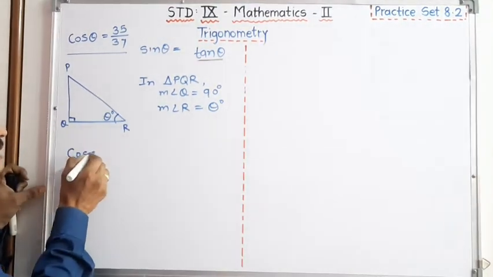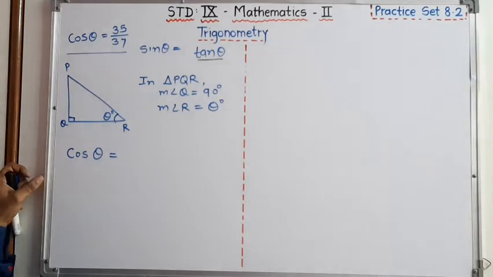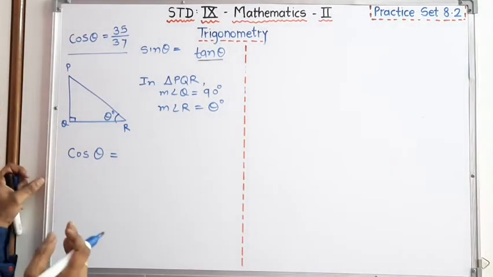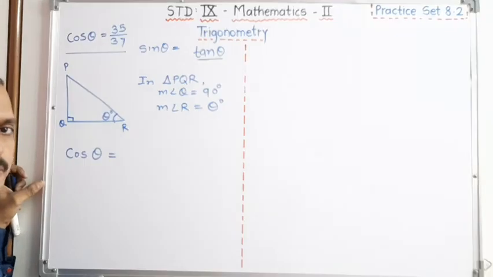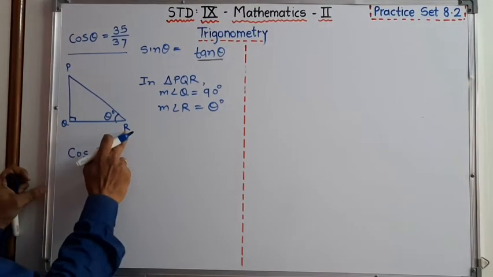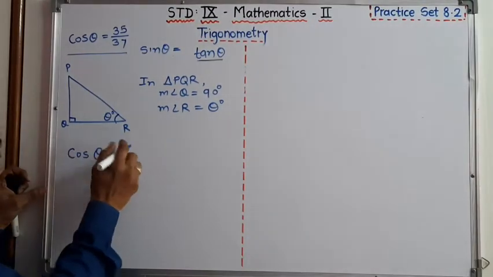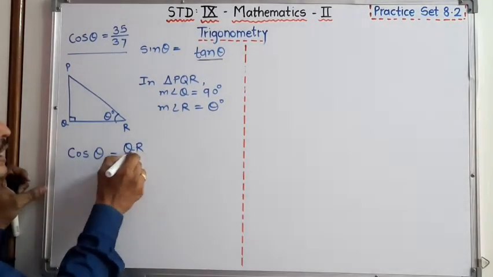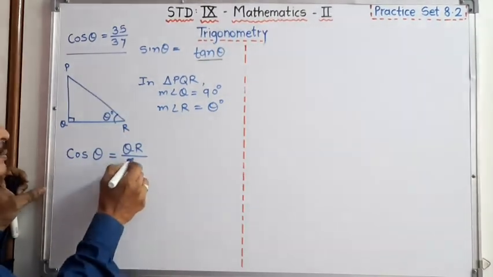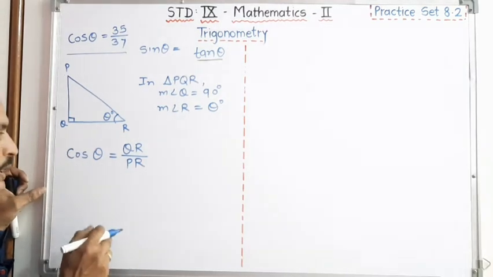Cos theta is equal to, now dear student, all of you know that cos theta means adjacent side upon hypotenuse. In this case, theta is the measure of angle R. Therefore, the adjacent side of angle R is QR and the hypotenuse is PR. That is cos theta is equal to QR upon PR.